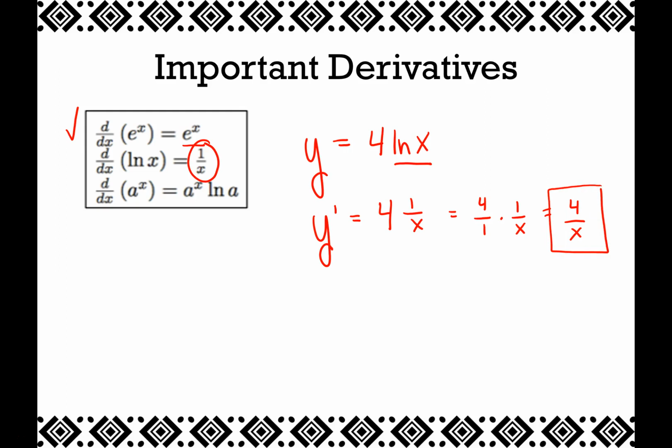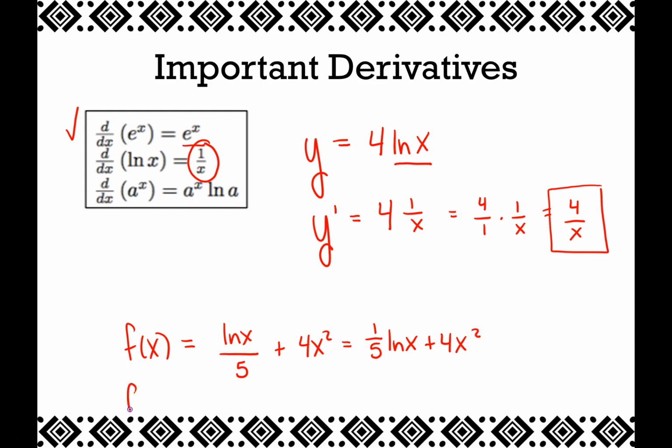How about this one? What if we had f of x equal to ln x over 5 plus 4x squared? Okay, well, we can rewrite this. Instead of saying ln x divided by 5, I can rewrite this as 1/5 ln x. And of course, we still have the 4x squared.